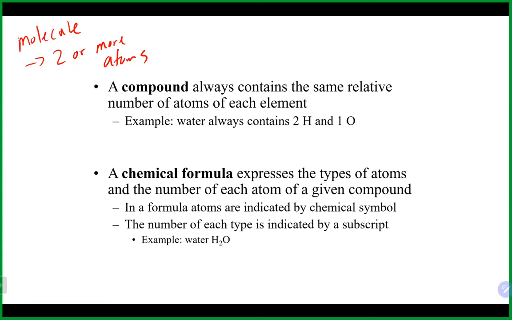Something like water, H2O, is a combination of both hydrogen and oxygen, which would make it a compound. It would also make it a molecule because there definitely are 2 or more atoms together. It would not make it an element, because there's hydrogen and oxygen, 2 different elements involved.